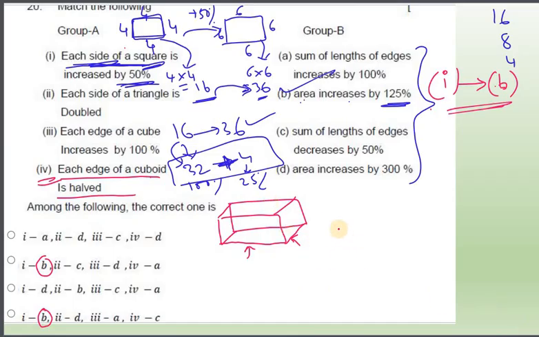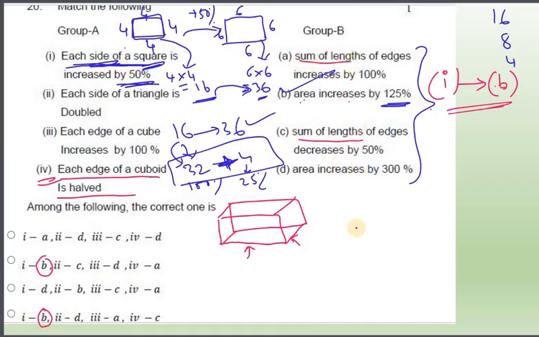So now, we have a formula for the cuboid. What is the formula? That I will write here. Sum of the lengths of the edges of a cuboid. Because here, the sum of the lengths is given.